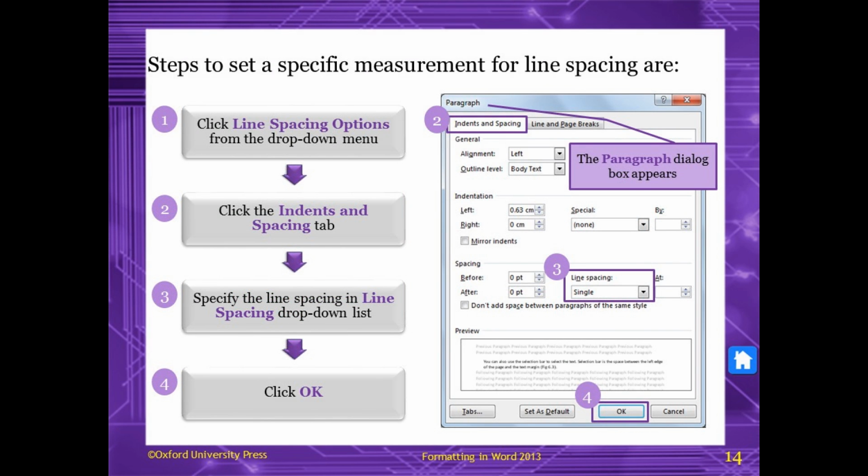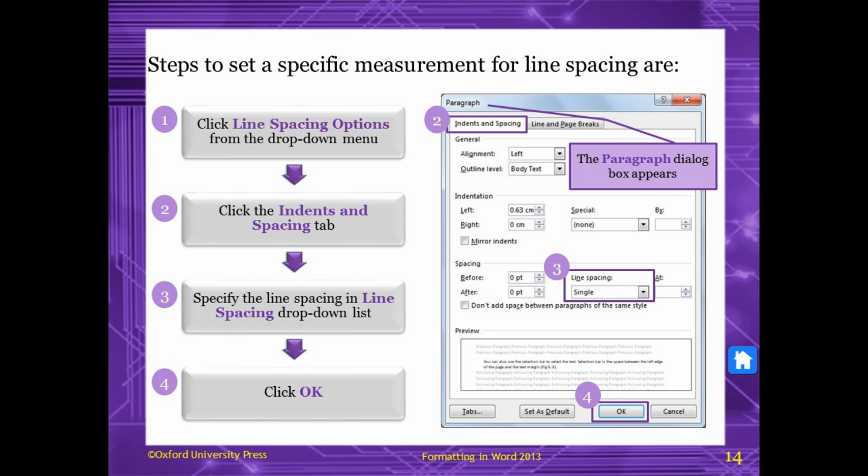If you want a specific measurement for line spacing, you can set it according to your requirement by using the Paragraph dialog box.